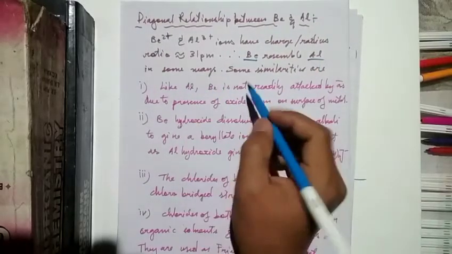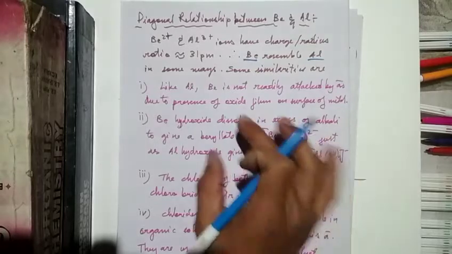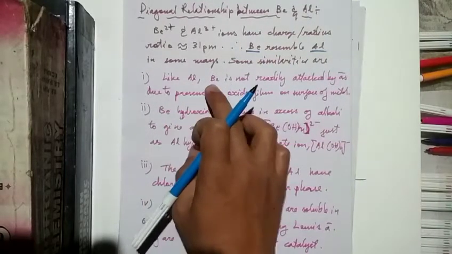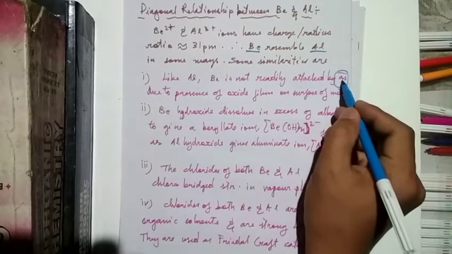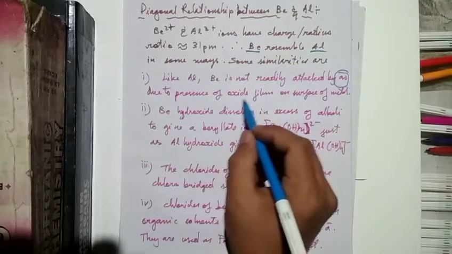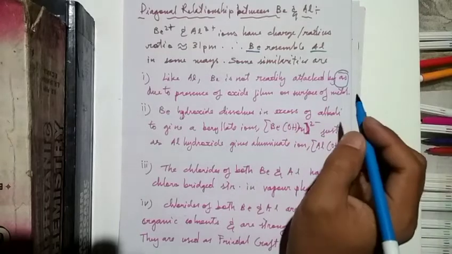Some similarities are, like aluminum, beryllium is not readily attacked by acids, due to the presence of an oxide film on the surface of the metal.